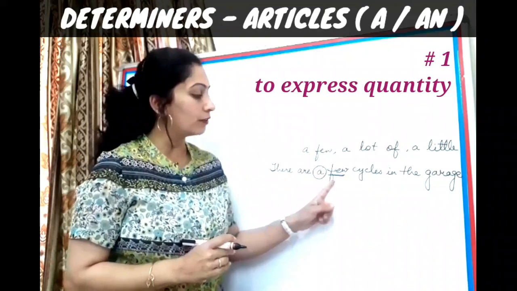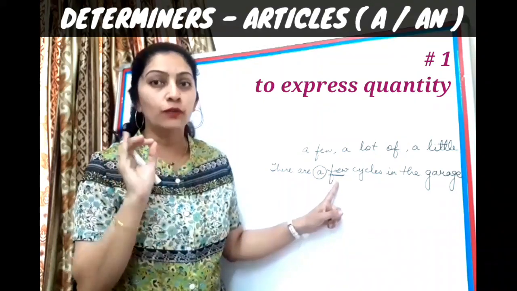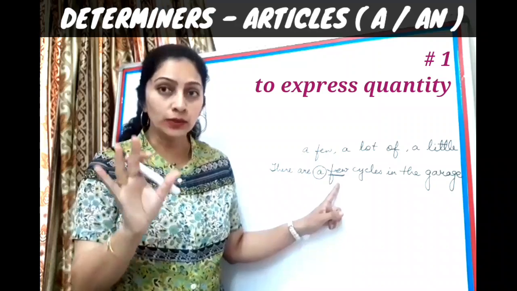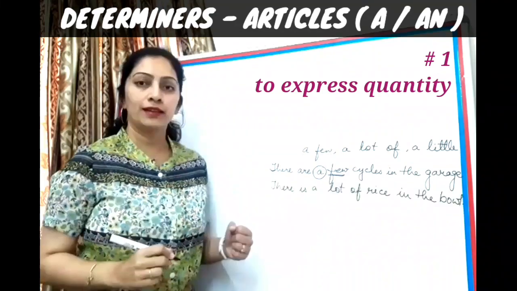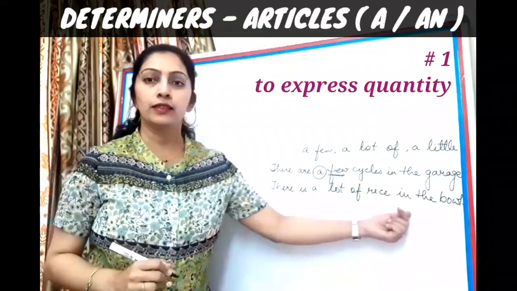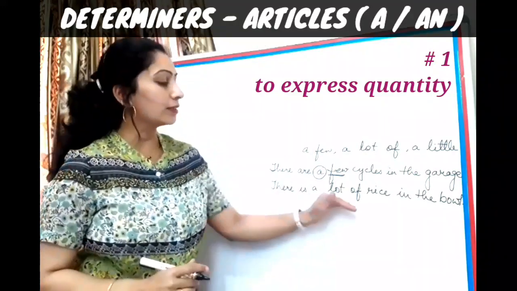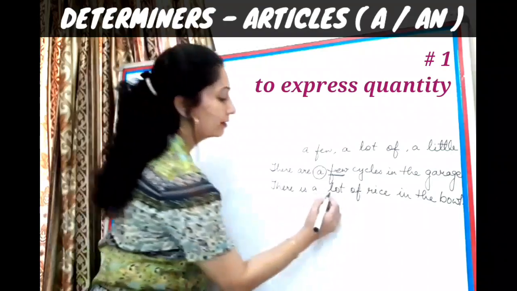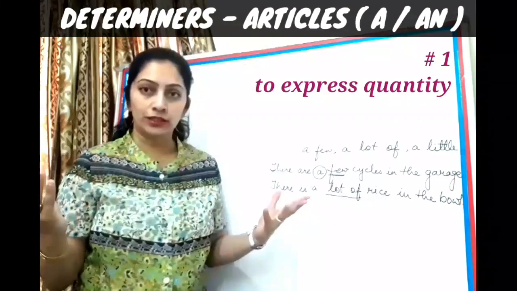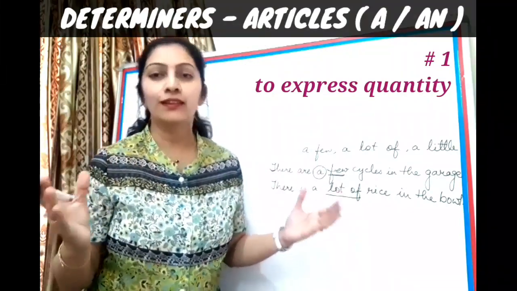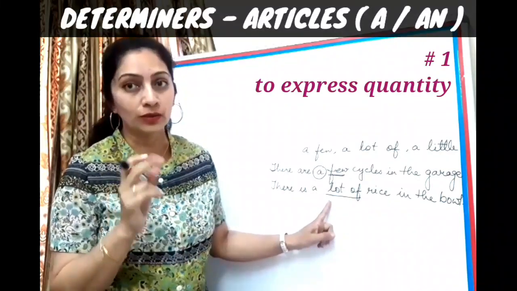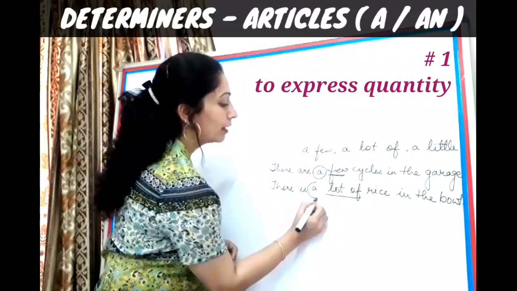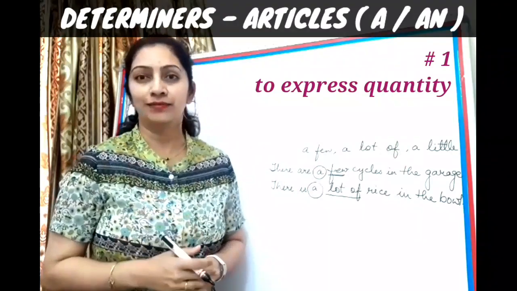Now since the word few has the starting sound f, which is a consonant, therefore I am using a here. There is a lot of rice in the bowl. Where is the term which expresses quantity? Lot. Lot expresses quantity. Correct. So before lot, because it has a consonant starting sound, we will use the indefinite article a.